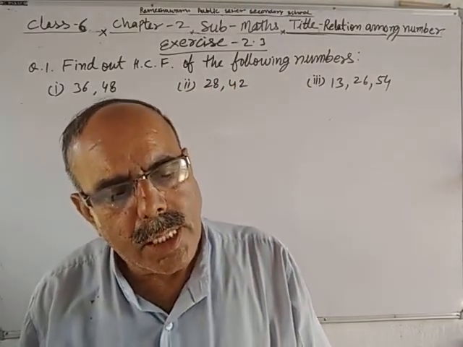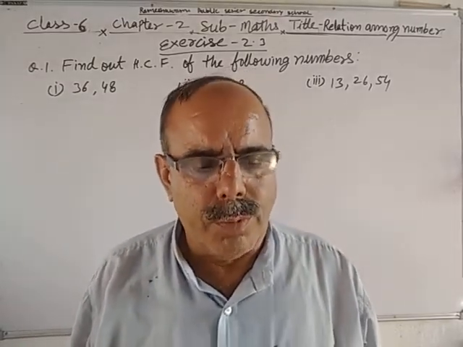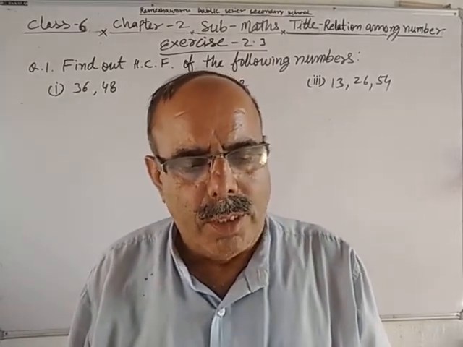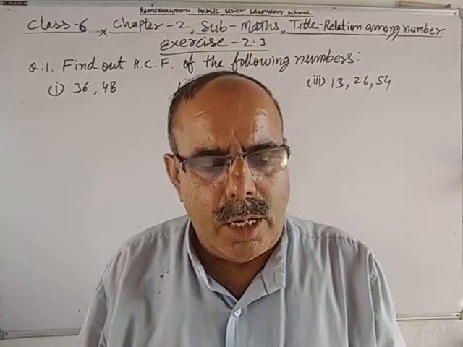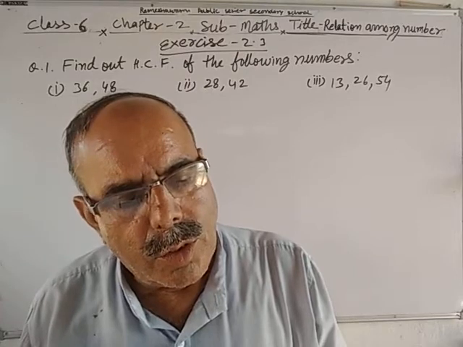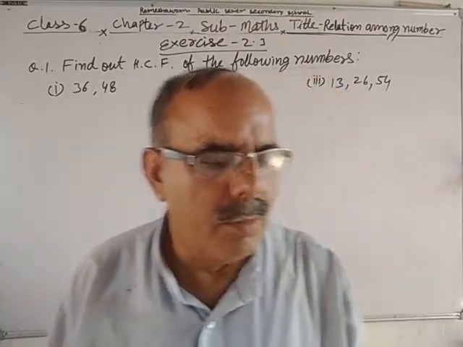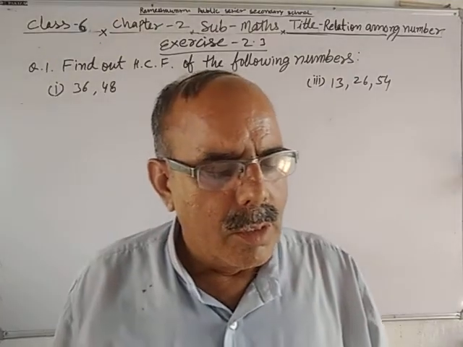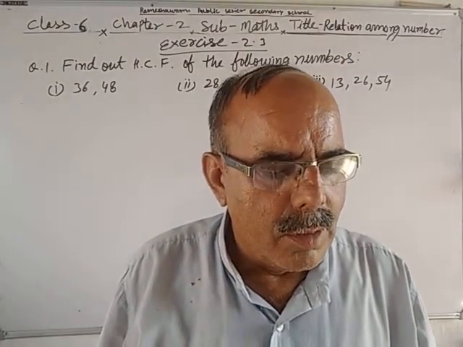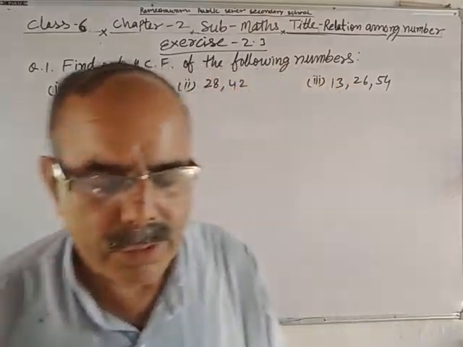Third is 13, 26 and 52. Fourth is 15, 35 and 40. I cannot write the fourth and fifth, but I want to solve the first part and the third part of the first question.